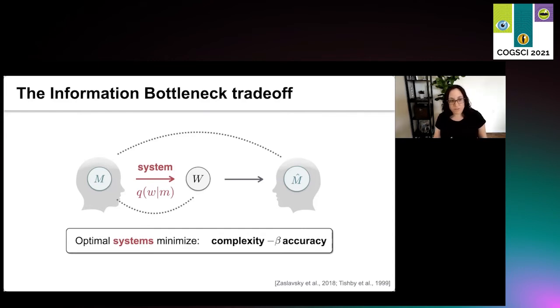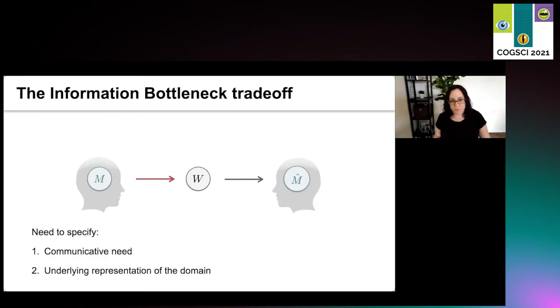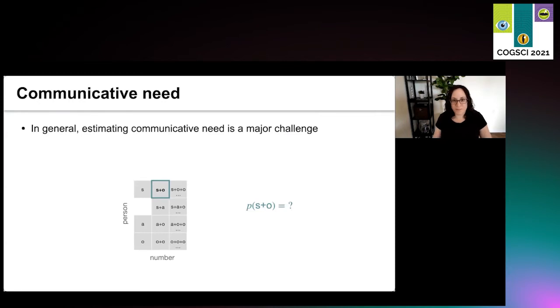In order to solve this optimization problem and compute the actual theoretical bounds for person systems, we need to specify two components: a prior distribution over possible referents, which is often called communicative need, and the underlying representation of the domain, which defines the speaker's mental representations. So let's start with communicative need.